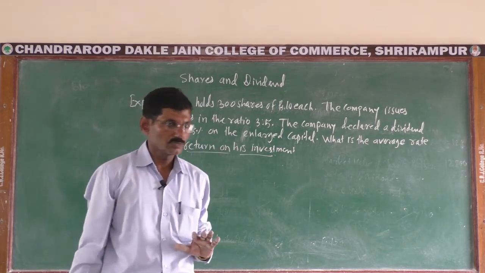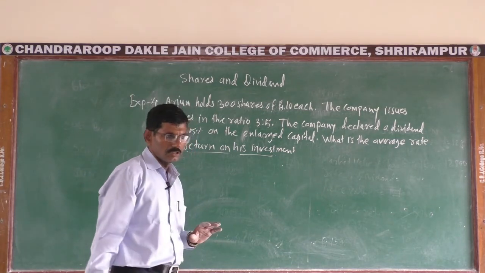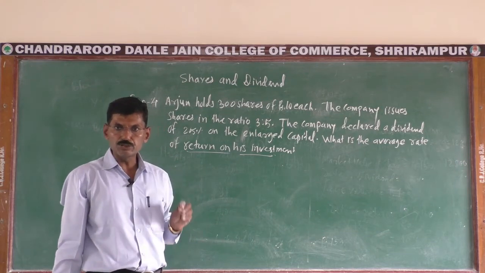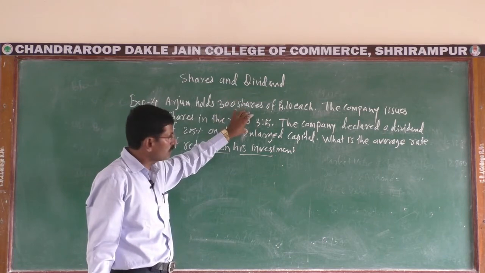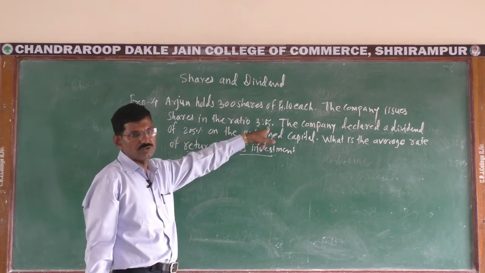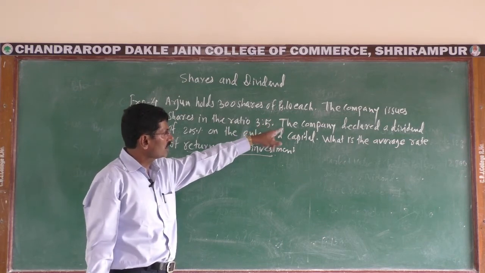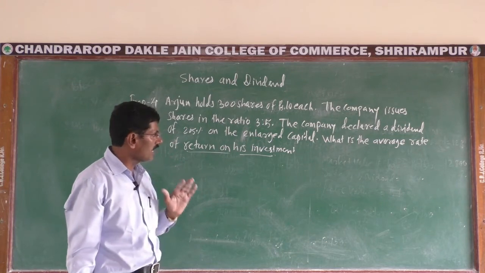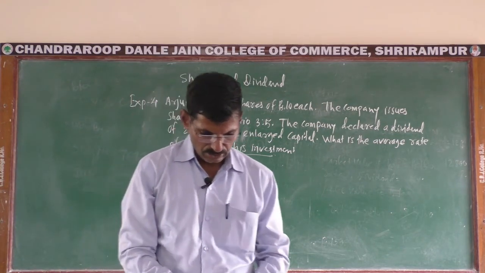See here, company issued shares in the ratio 3:5. It means company issued 3 bonus shares or 3 free shares to the existing 5 shares each. Okay, and the company declared a dividend of 25% on the enlarged capital.